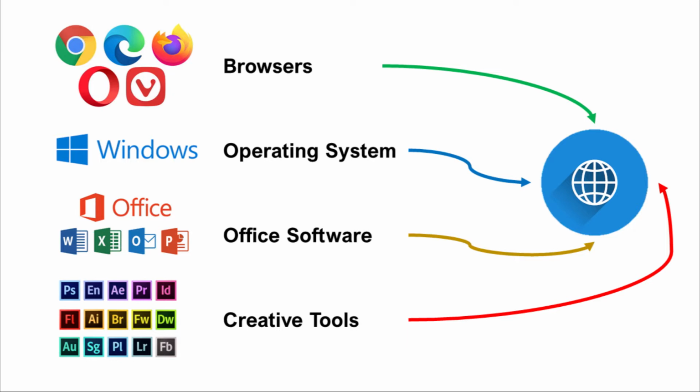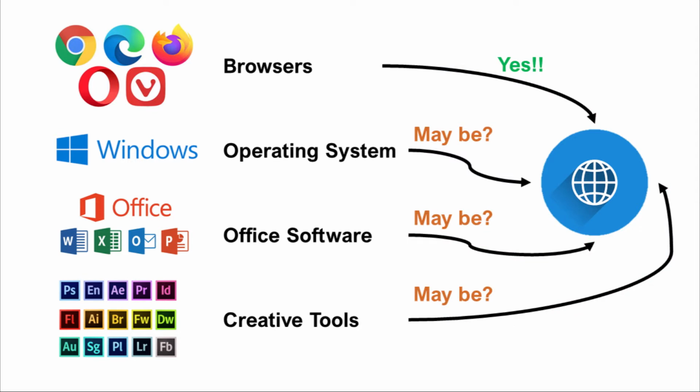If you talk about browsers, yes, you use them for connecting to the internet, so you may allow browsers to connect. Do you want your operating system to connect to the internet? Maybe or maybe not. Office software, unless you are using some collaborative tools with your colleagues and friends, Microsoft Office doesn't need to connect to the internet for its full productivity.